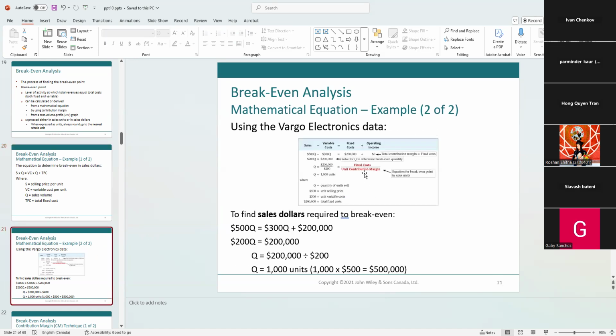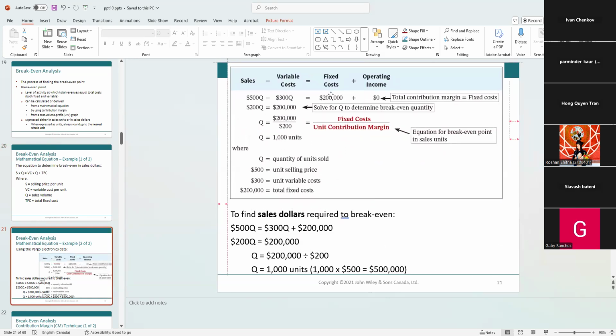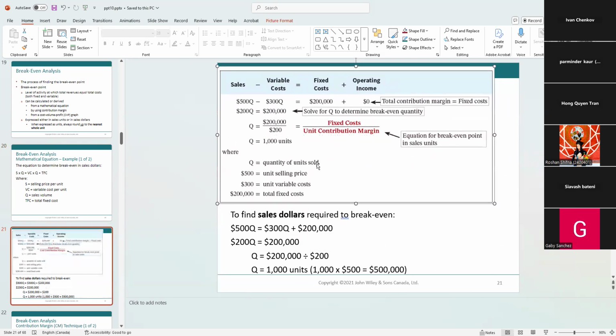So let's see how we're going to do this. That's a very big calculation that nobody can see, but let's see now. I have my sales price per unit, which is 500. The question is, what's the number Q? Well, we need to go to the other side to see. My variable cost per unit is 300 plus the $200,000 fixed cost. So we have to solve for the number of units, which is Q in this case.